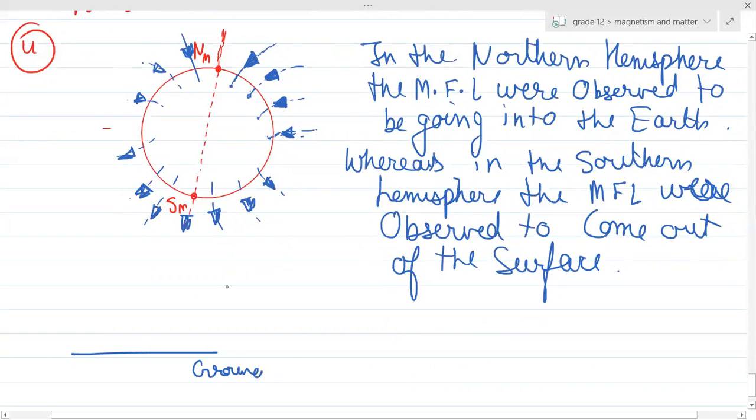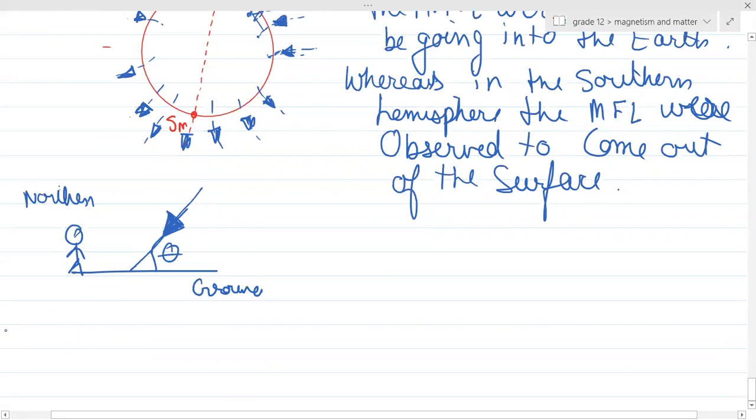Suppose you are standing at any point on the ground on Earth in the northern hemisphere. Suppose this is the point and you are standing like this. You are not that big, obviously. But you are standing like this. The ground will look like this to you, along the tangent. So at any point in the northern hemisphere, if you are standing like this, you will observe that the Earth's magnetic field is going into the ground like this at different points. But it is at a certain angle. By the way, this angle will later be named the angle of inclination or angle of dip.